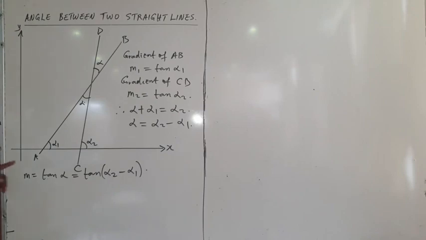We can now see the acute angle. If you look at this, this is an acute angle, that is, an angle less than 90 degrees. So this alpha is less than 90 degrees.